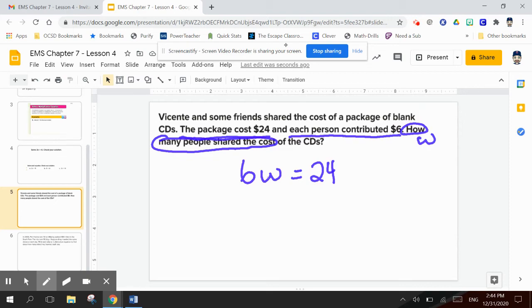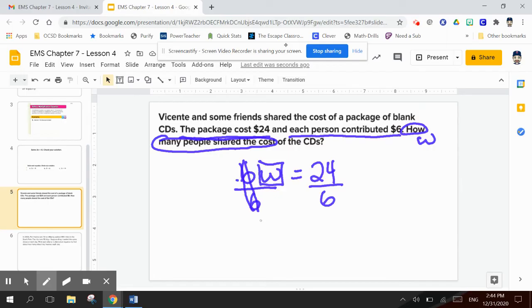So $6 times so many people equals $24. To solve, I'm going to divide each side by the coefficient. That's the number that's connected to the variable. In this case, it's 6. 6W divided by 6, the 6's cancel out.